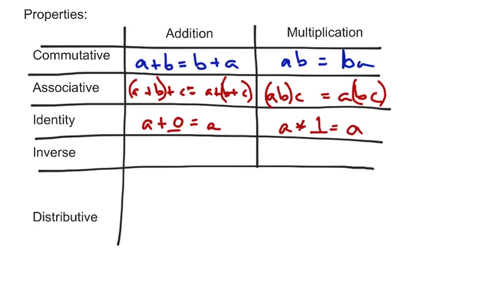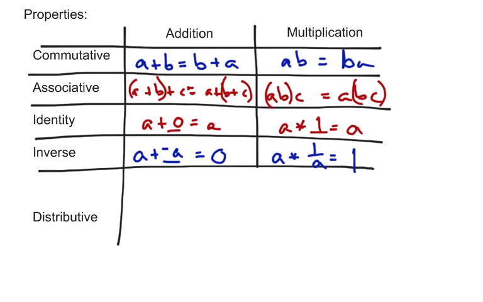And inverses are those things that we combine that will give us the identity. For an inverse, I take a number and add something to it to end up with our identity, 0. For addition, what I would have to add is the opposite of A. For multiplication, if I want to multiply by something and end up with the identity 1, I have to multiply by the reciprocal.